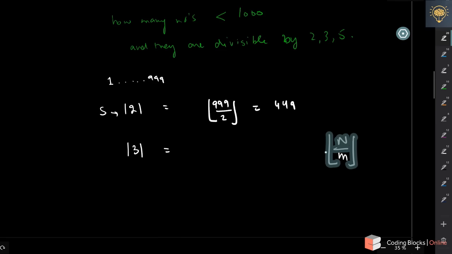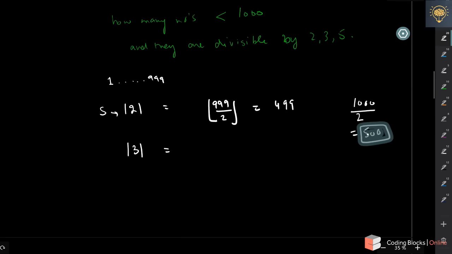You can clearly verify: if you have n equal to 1000 and you want to find out how many numbers are divisible by 2, it is going to be 500.